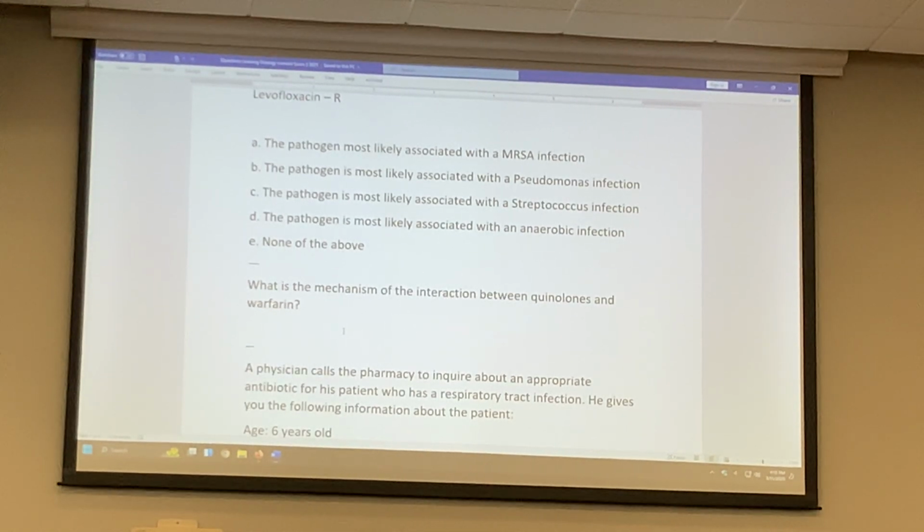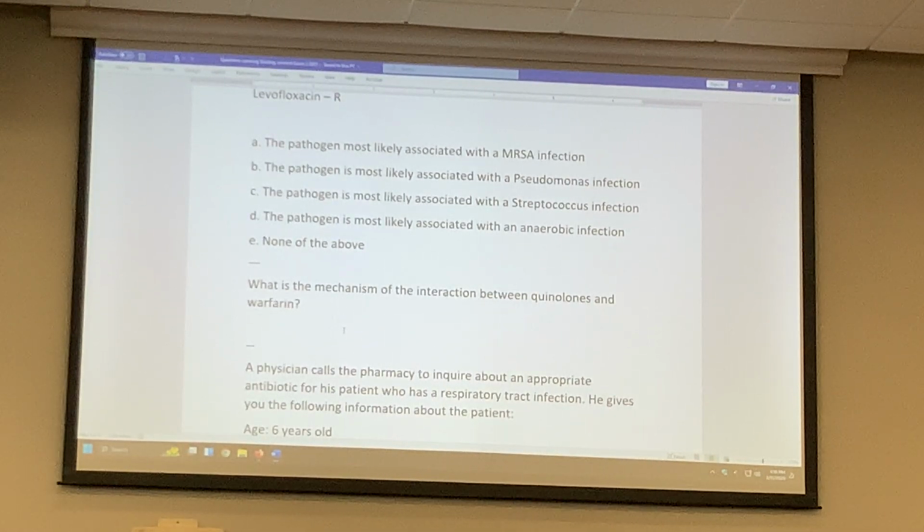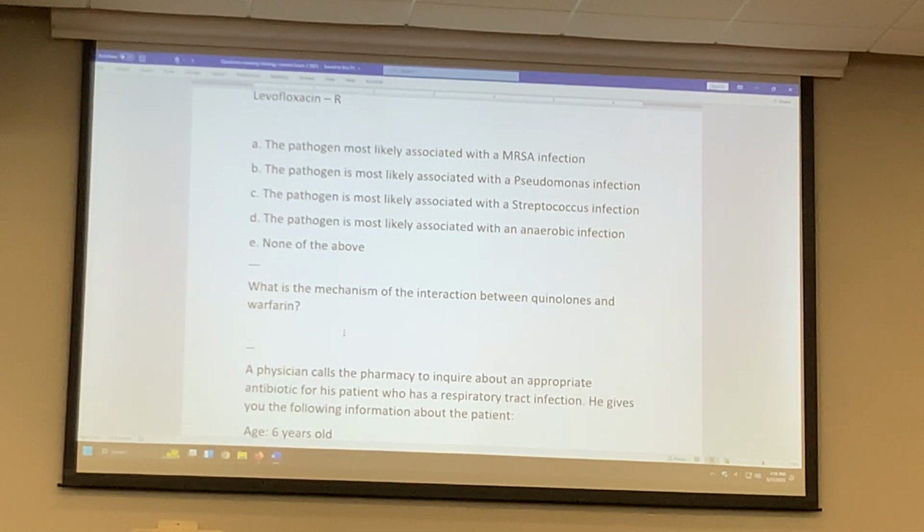What can they do? They affect vitamin K, right? So they destroy the good bacteria that produce vitamin K, and that's another interaction. But that's for all antibiotics, right? So we have three mechanisms. Protein binding, inhibition of CYP metabolism of warfarin, and vitamin K.